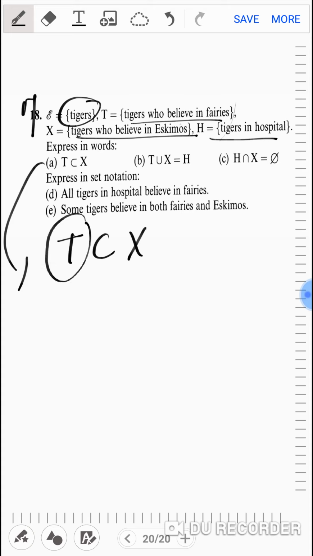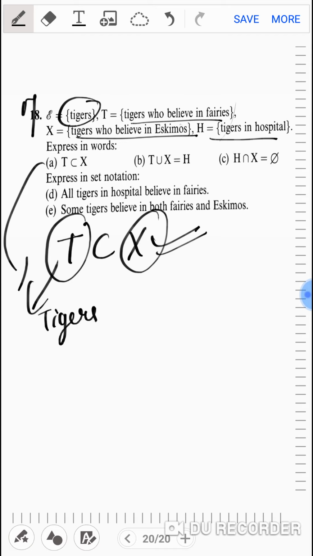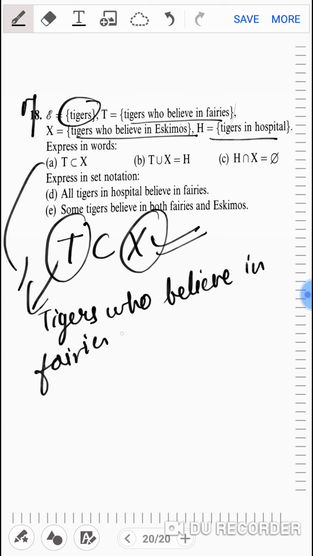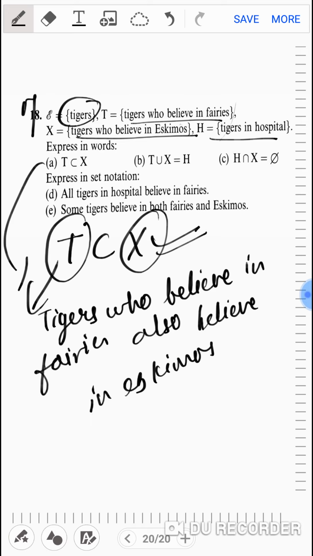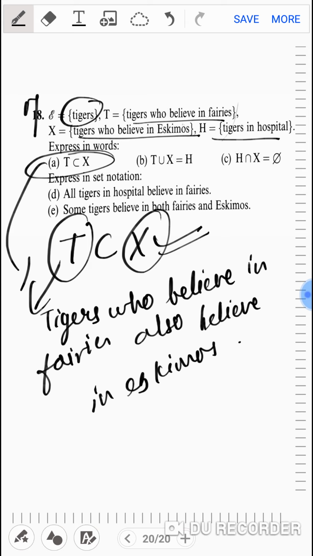That is all tigers who believe in fairies also believe in Eskimos. So that's your interpretation for first.